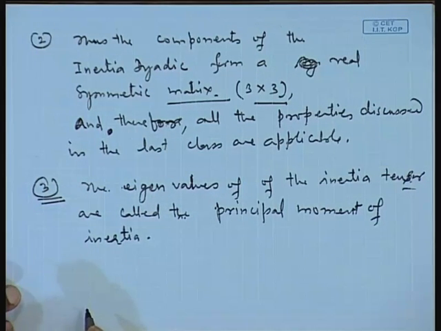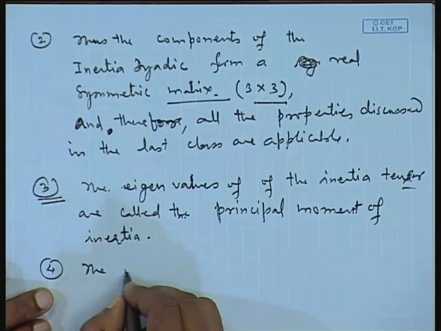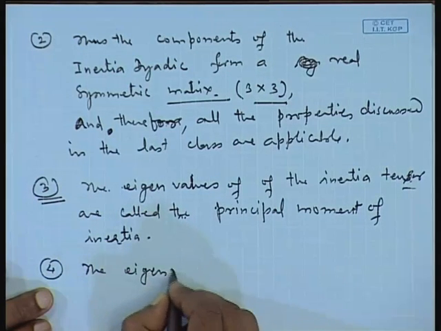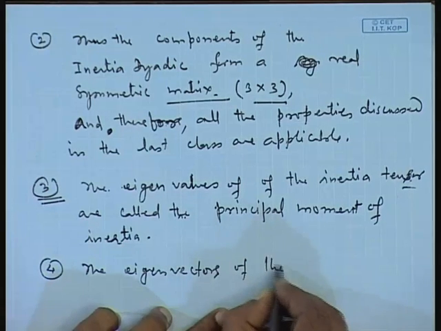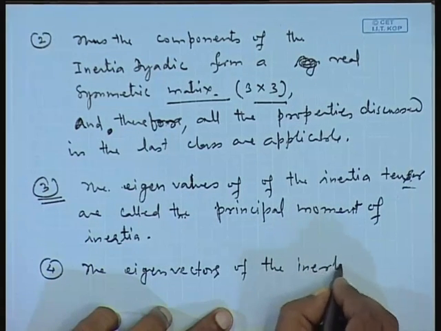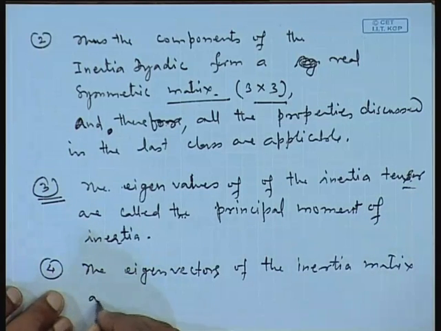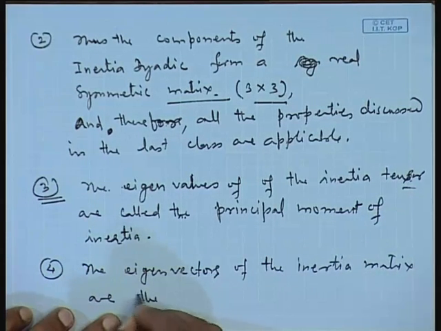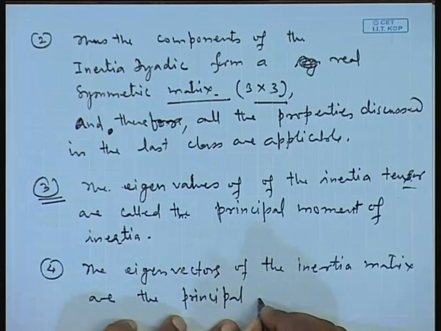And the eigenvectors of the inertia matrix are the principal directions.